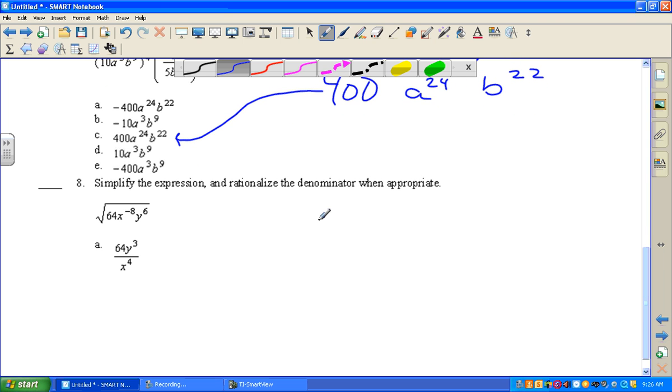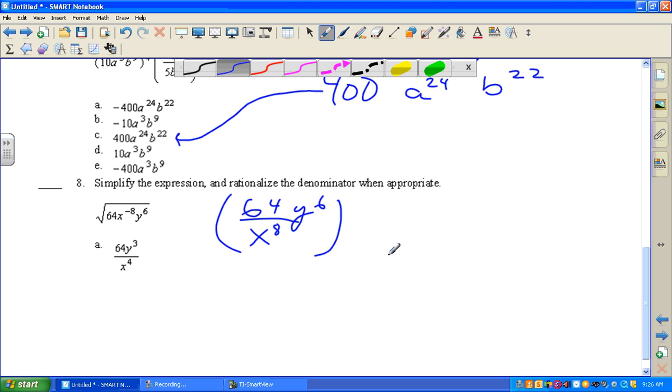How do you simplify the radical involving polynomials and bases? Number 8, this one. How do you do this one? Okay. X to the 8th, 64, y to the 6th.